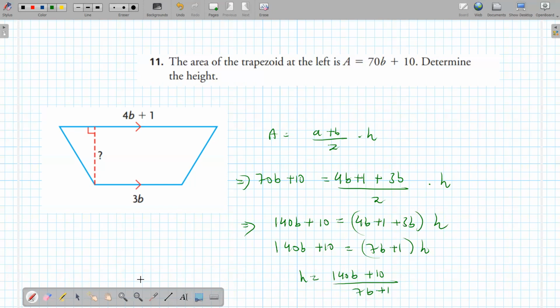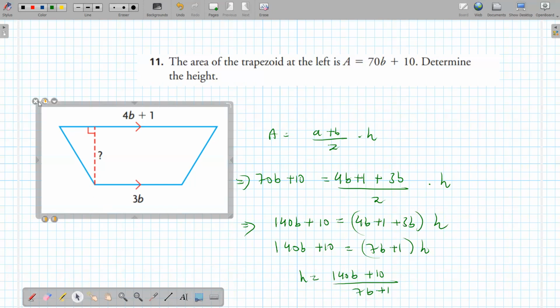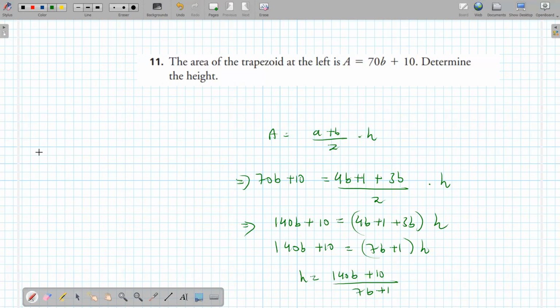Now this one's a little bit tricky because I think that's going to be exactly 20. So you have 7b plus 1, and your dividend, the bigger number there, the numerator, is this. How many times does 7b go into 140b? It goes 20 times.